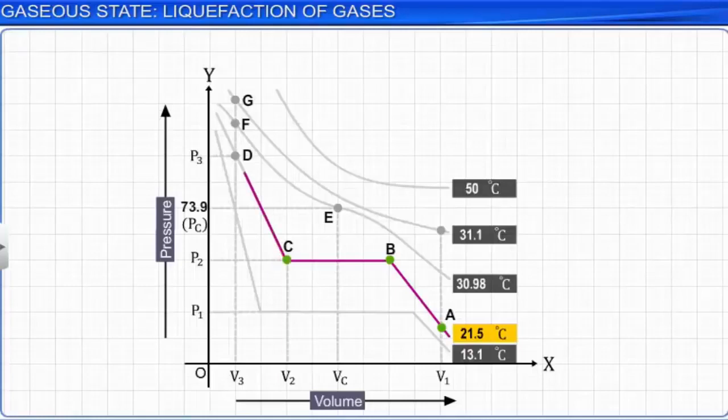This is because liquids are much less compressible. So, a steep curve CD represents only liquid carbon dioxide.